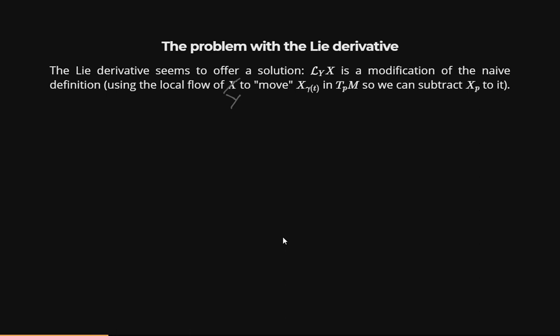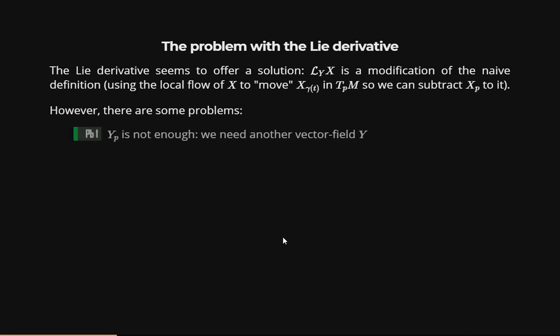So we use the local flow of Y to move X along the integral curve of Y. So we take X from another point, X(gamma(t)), we bring it back to T_pM, and we can subtract X_p and X(gamma(t)).